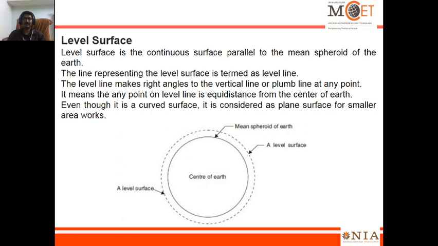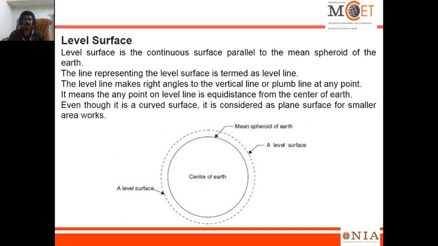Then what is level surface? It is the continuous surface parallel to the mean spheroid of the earth. The line representing the level surface is termed the level line. The level line makes right angles to the vertical line or the plumb line.